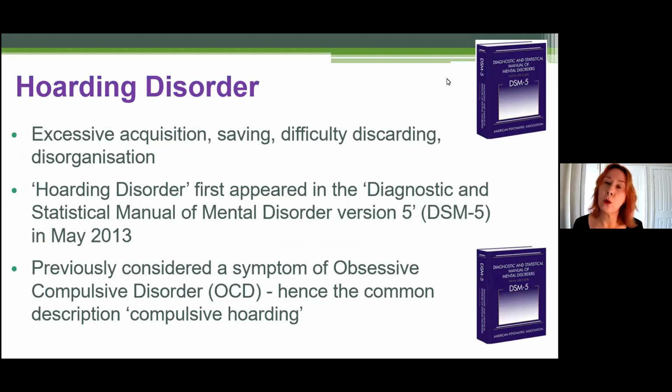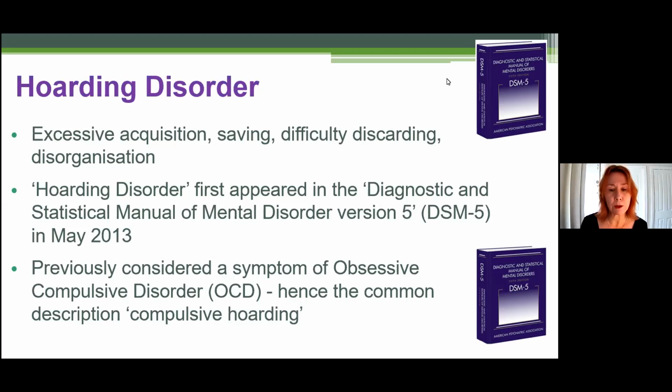Some people who hoard, not all of them, but some of them, can be assessed and deemed to have a hoarding disorder. And this first appeared in the Diagnostic and Statistical Manual of Mental Disorders, the DSM version 5, a few years ago now, and it's characterised by excessive acquisition or excessive saving of things, difficulty discarding things, and usually disorganisation.